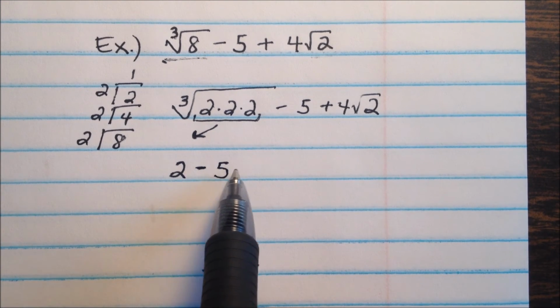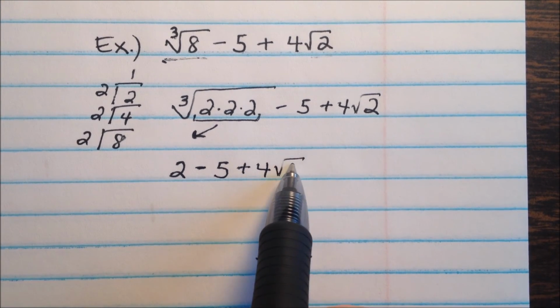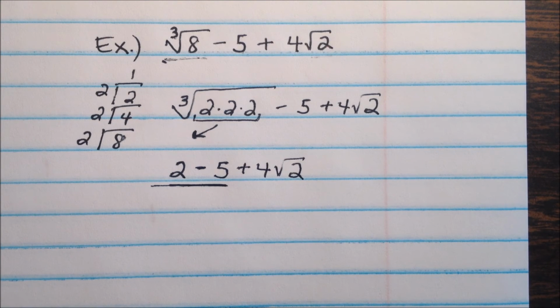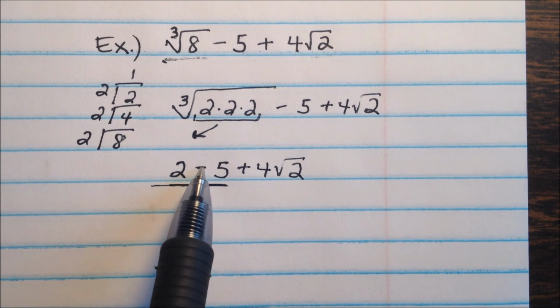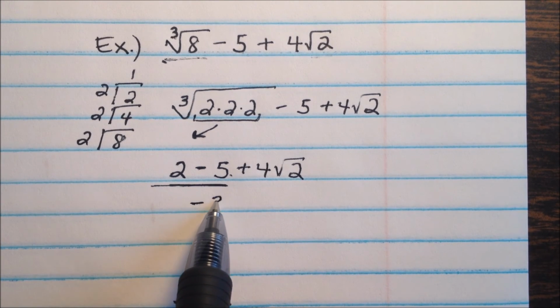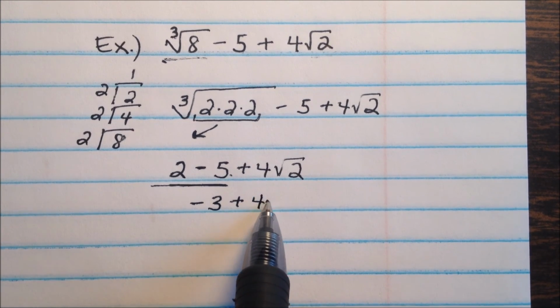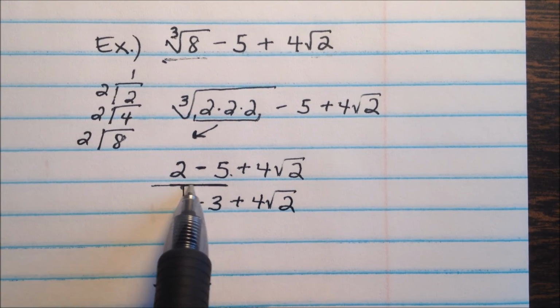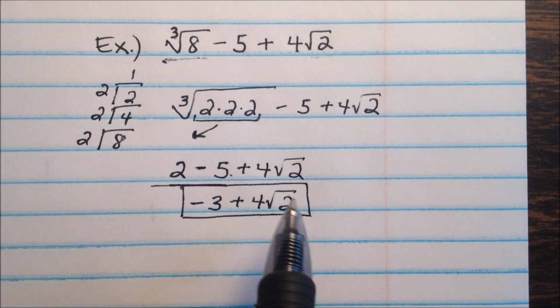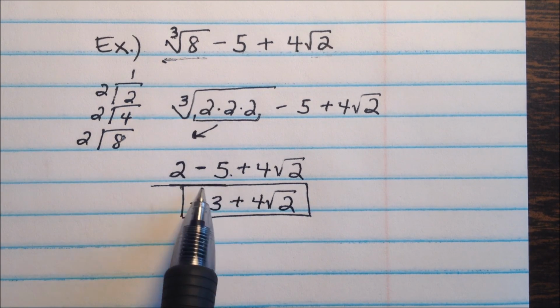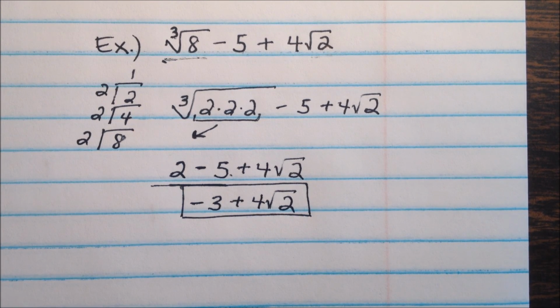So when I bring the rest of it down, I notice that, hey, now I have some like terms I can put together. 2 minus 5 is negative 3, and then plus 4 radical 2. So in this case, again, once I simplified some things down, I did have some like terms and I was able to combine them together.